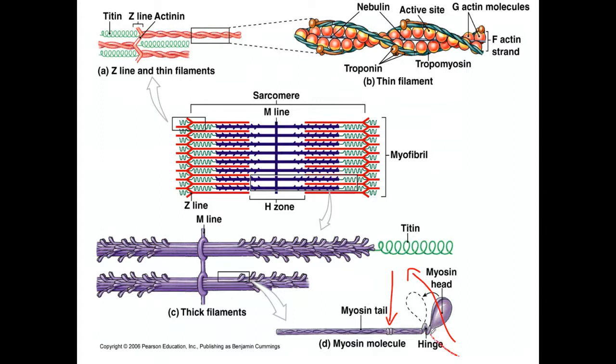And then it bends here at the wrist and creates this little flick. And that's what creates a contraction. Look up at top, you can see again you have these G proteins. Combined, you get an F strand. And notice that we have, in this case, these yellow circles are the binding sites. And again, they're covered by tropomyosin, and we have troponin holding it in place.